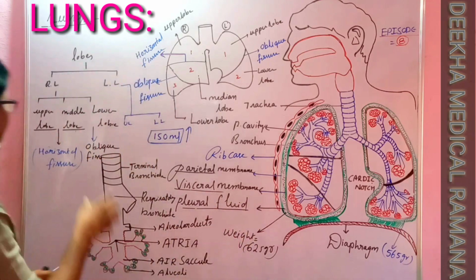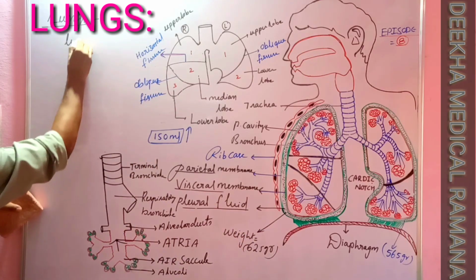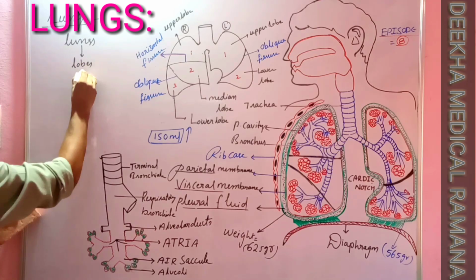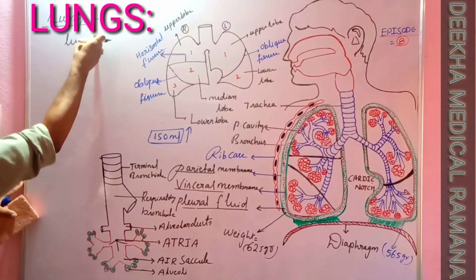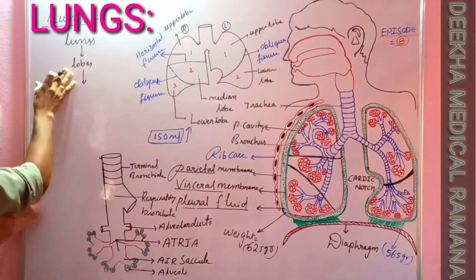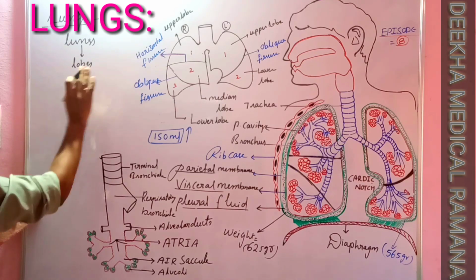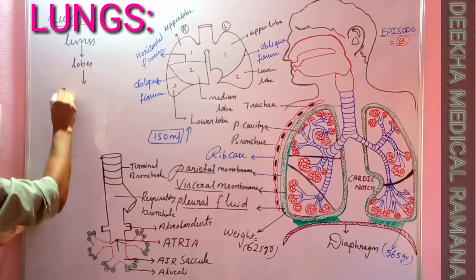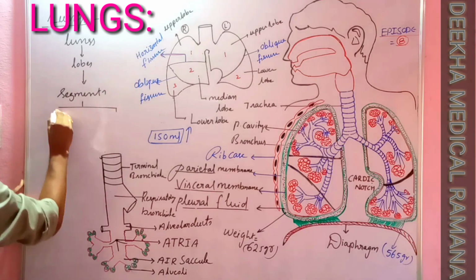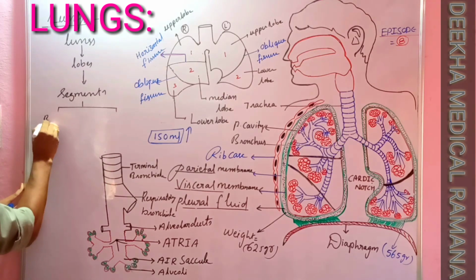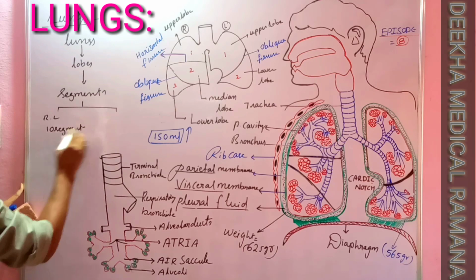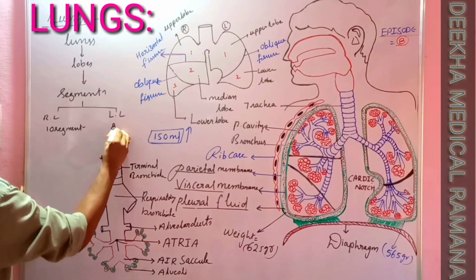Now, the two lungs have lobes: the right lung has three lobes, the left lung has two lobes. Each lobe is divided into segments, very important. The right lung has 10 segments. The left lung has 8 segments.